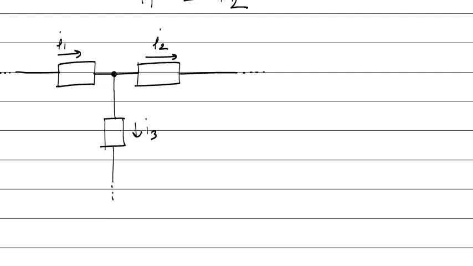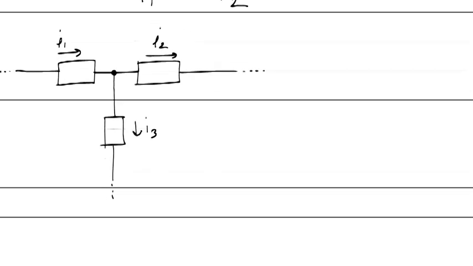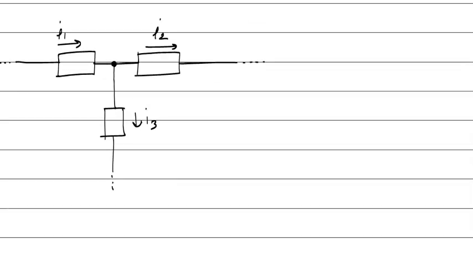Of course, there are some components there connected like that, but we don't care. So if you apply KCL here, entering current I1, exiting currents I2 plus I3. Okay.